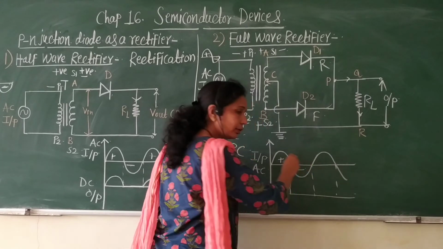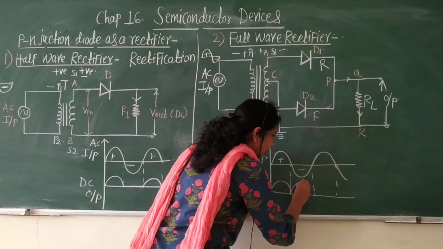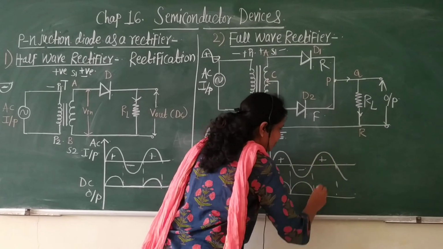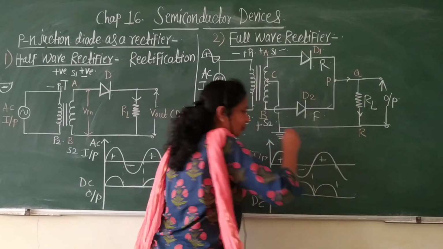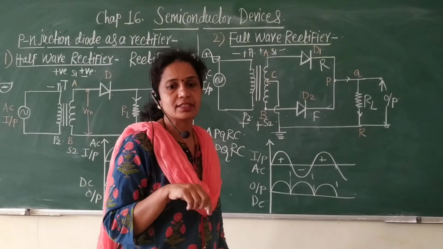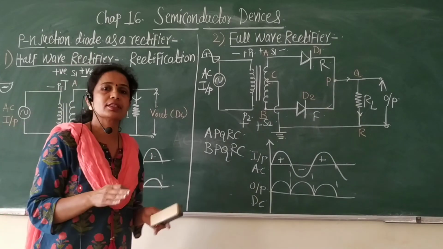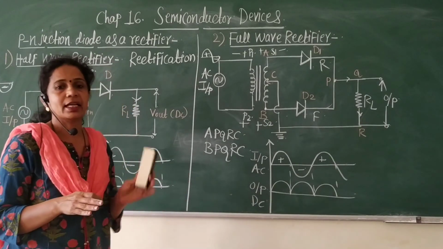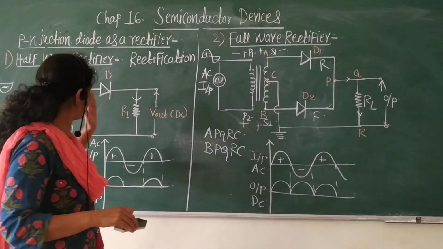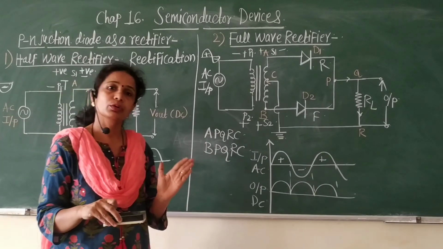During the negative half cycle, D2 is forward biased. Therefore, we get the current. Again, during the positive half cycle, D1 is forward biased. It means the current flows through the load resistance in the same direction during both cycles, positive as well as negative. And in this way, the PN junction diode converts AC into DC.